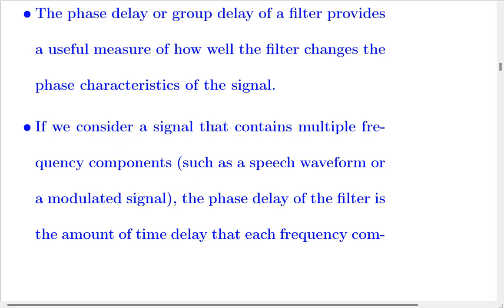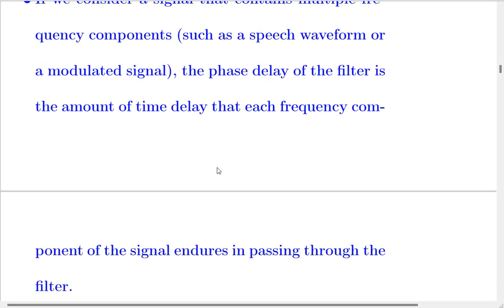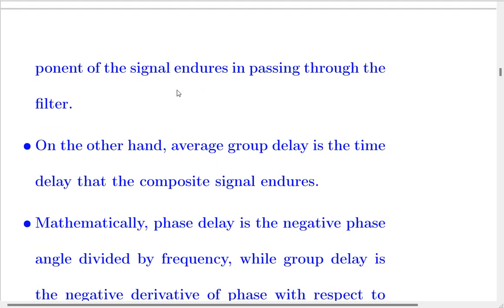If we consider a signal that contains multiple frequency components, such as a speech waveform or a modulated signal, the phase delay of the filter is the amount of time delay that each frequency component of the signal endures in passing through the filter. On the other hand, average group delay is the time delay that the composite signal endures.